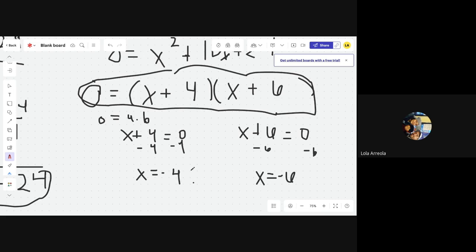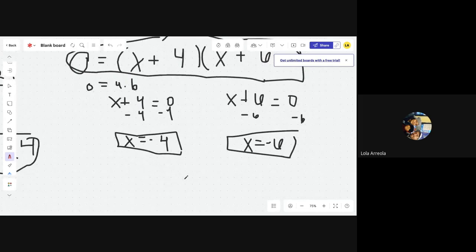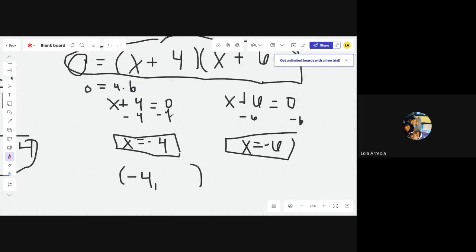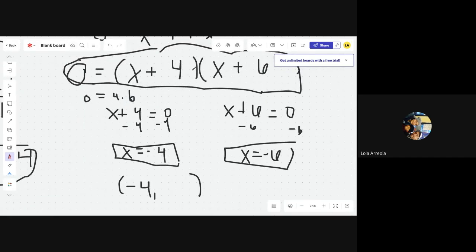So that's why we solve for x individually for each parentheses, basically each product. These are my x-intercepts. So this translates into negative 4. Again, when I plug in x equals negative 4, what do I get? I get 0.